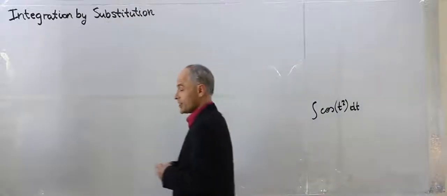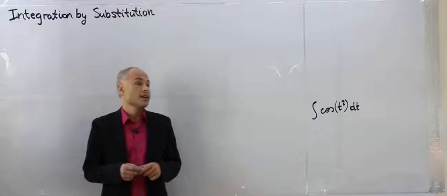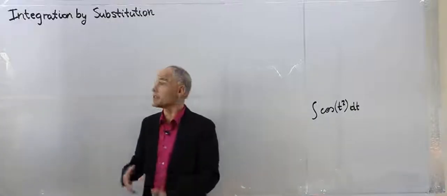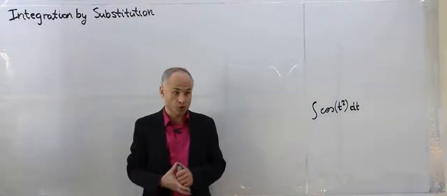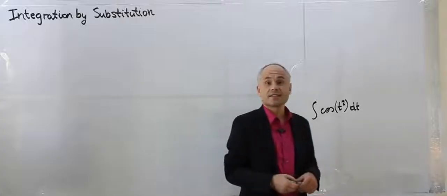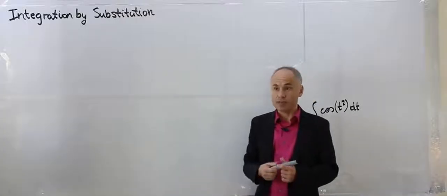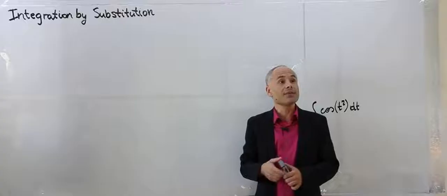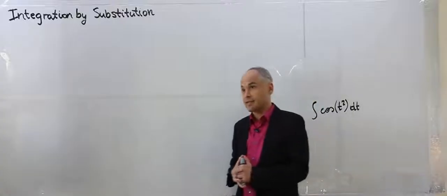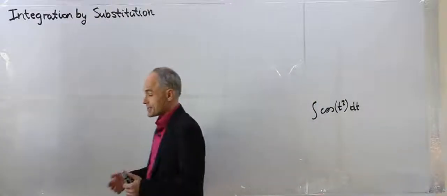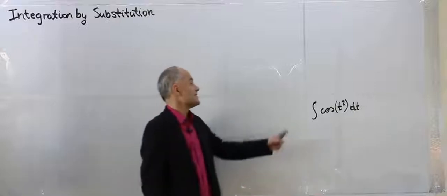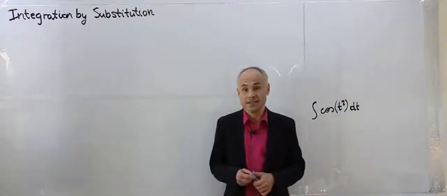In today's lecture, we will illustrate a technique called integration by substitution. That technique is a consequence of the chain rule, and it will allow us to handle some cases, such as, for example, t times cosine t squared.